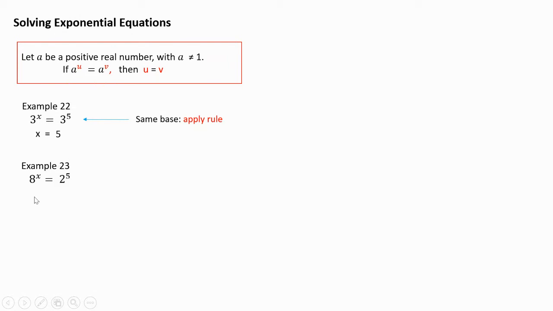Example 23, if you have 8 to the x equals 2 to the 5th power, right, we notice the bases are not the same. So we have to get them with the same base. I know that 8 is the same thing as 2 cubed. So I'm going to replace the 8 with 2 cubed.